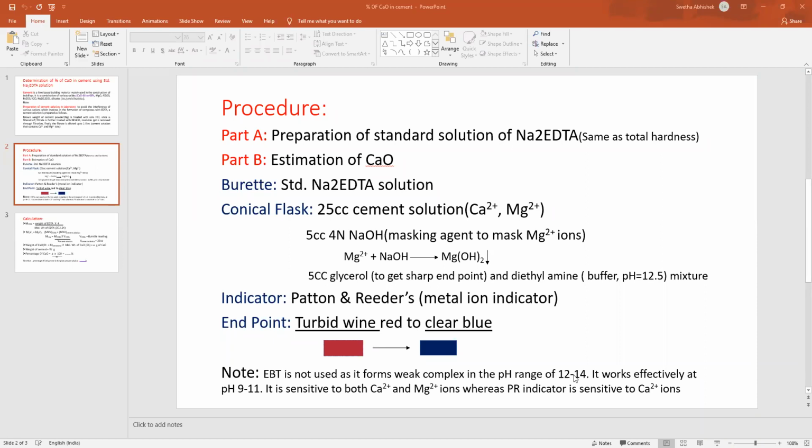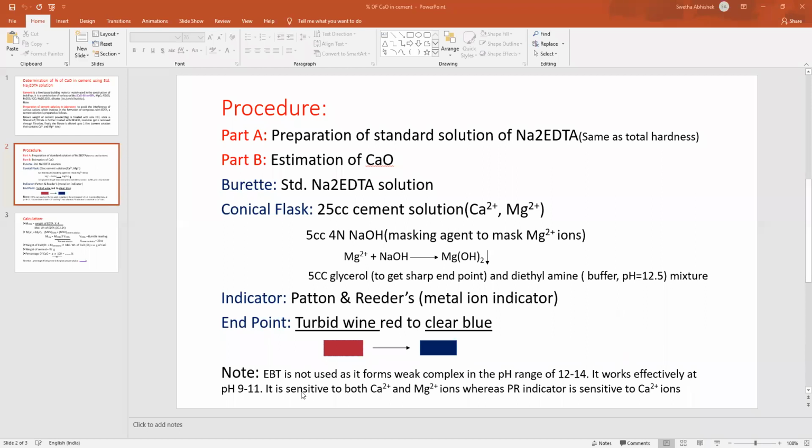That indicates Eriochrome Black T can effectively work in the pH range of 9 to 11. Only in total hardness did we use Eriochrome Black T, because the pH was in the range of 9 to 11. But here, what is the pH range? 12 to 14. That is the first point.